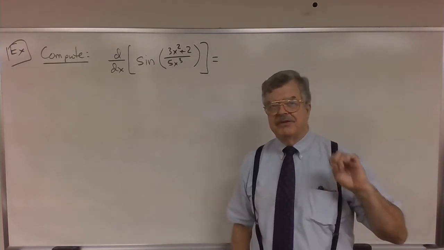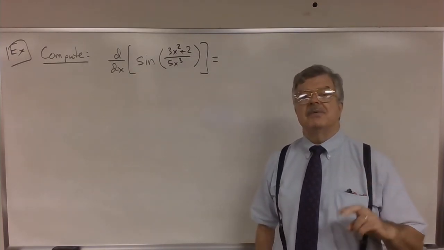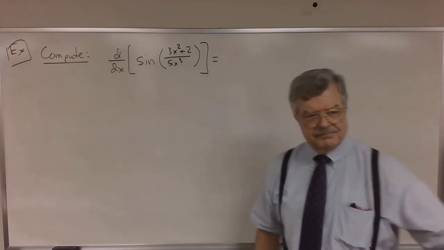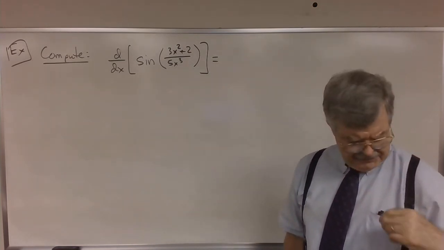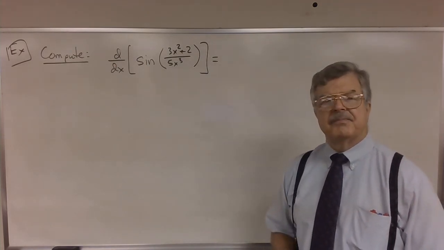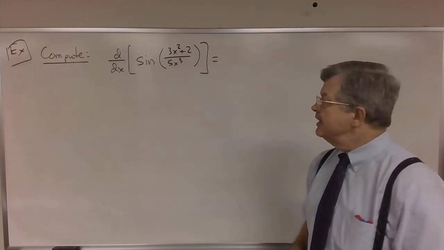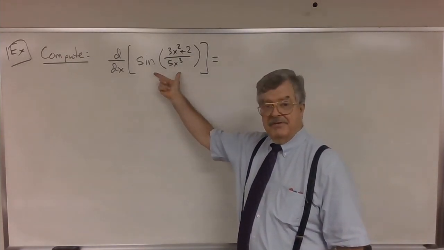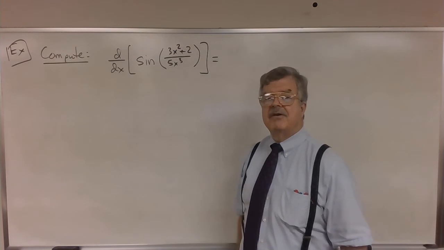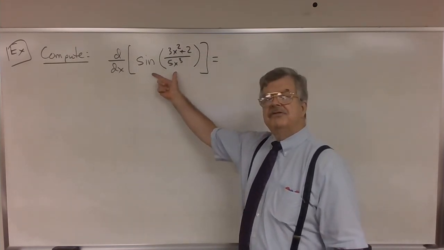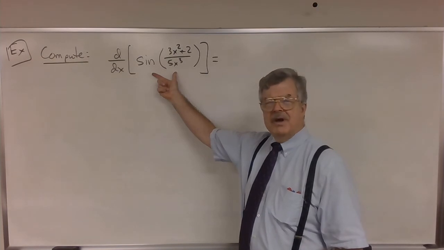Do we use the chain rule or do we use the quotient rule? And why? Here's the way to approach something like this. Look at the expression that we're computing the derivative of and ask ourselves, in the most general sense, what is this thing algebraically?